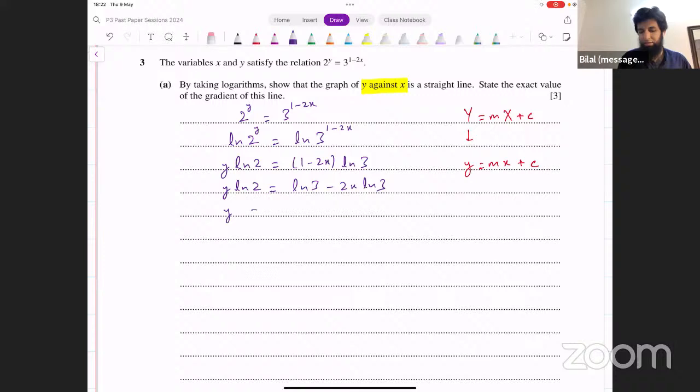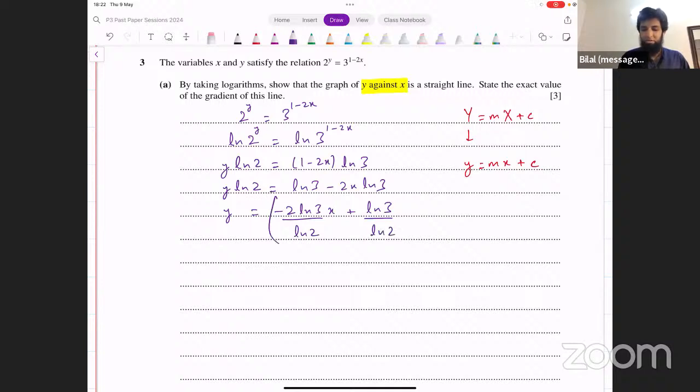On the right side, I could say this is minus 2 ln 3, and I'm writing 2 and ln 3 together because they're both constants, multiplied by x, plus ln 3. And now this ln 2 from the left side, we can divide to the right side because we want to convert it to this form, right? We need to make y the subject. So I'm dividing by ln 2. It becomes y equals minus 2 ln 3 over ln 2 times x, plus ln 3 over ln 2.